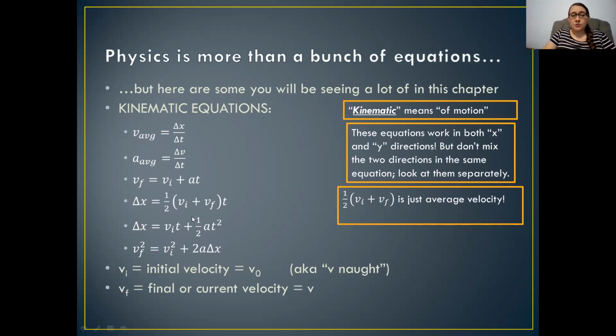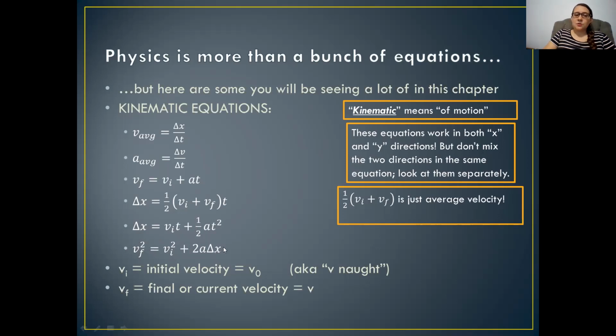This one we also derived on the last slide: change in position equals initial velocity times time plus 1/2 acceleration times time squared. And then here's another one which we haven't derived yet, but that is helpful in many circumstances: final velocity squared equals initial velocity squared plus 2 times acceleration times the change in position.